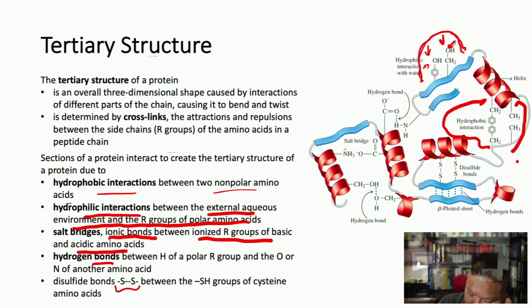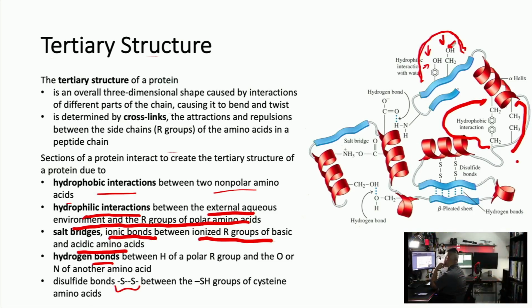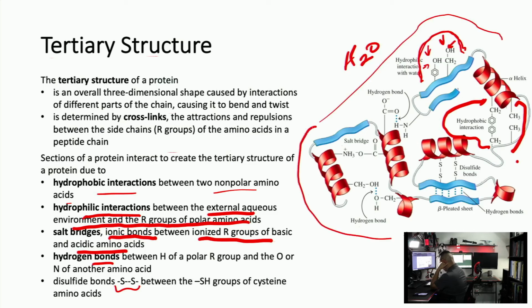Very similar to water having its H2O, and that's why it's a hydrophilic interaction. And so it's perfectly happy being outside, being exposed to this environment of water, right? This is all water out here, all water outside.